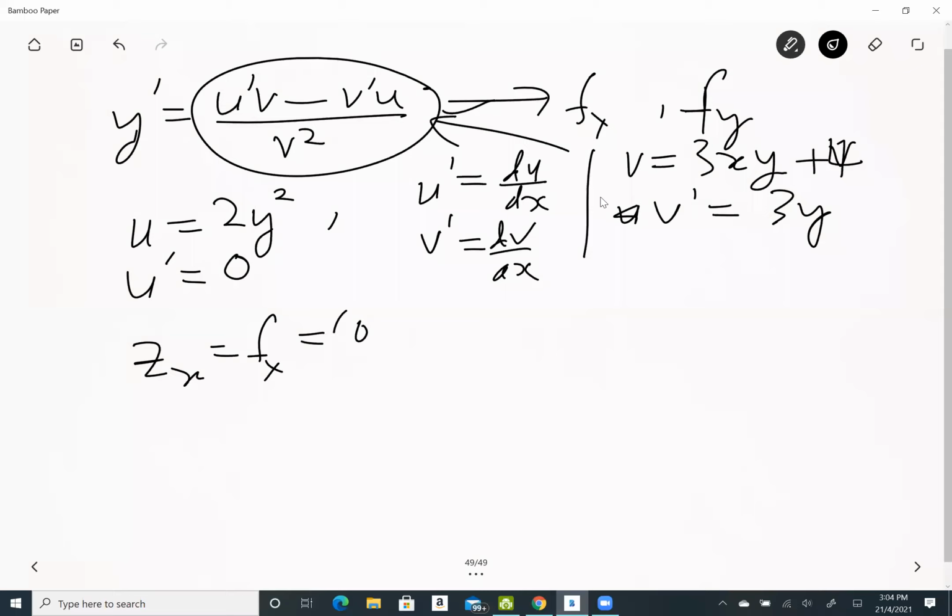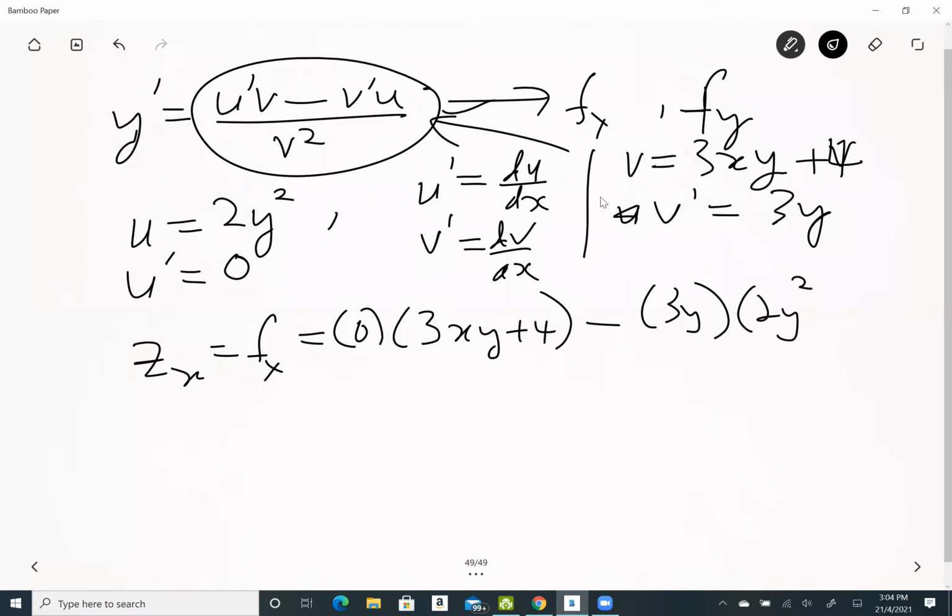U prime is 0 multiplied by v, 3xy plus 4, take away v prime, 3y multiplied by u, 2y squared, everything divided by v squared, which is 3xy plus 4, everything squared. Now the first term here is 0, so what you are left with will be the second term. Okay, good.